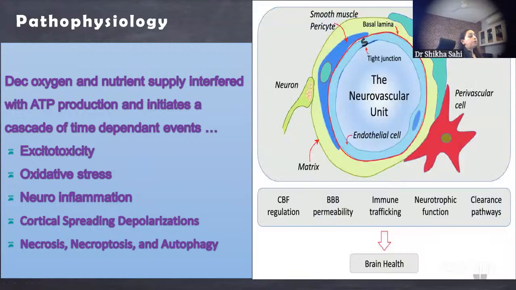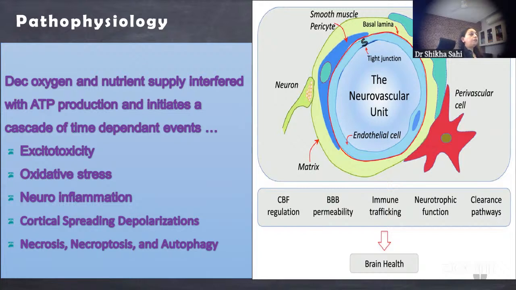It is important to understand it is not only neuronal death or neuronal ischemia which matters. Now the advances in stroke are at various levels. At the cellular and molecular levels, we have recognized the importance of the neurovascular unit as a whole, which includes the microglia, the pericytes, the astrocytes, and the extracellular matrix.